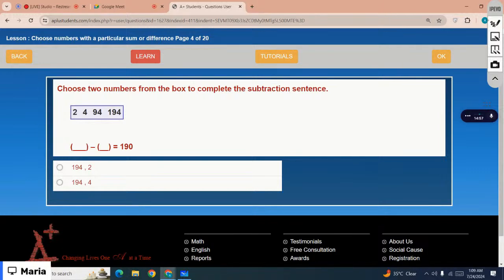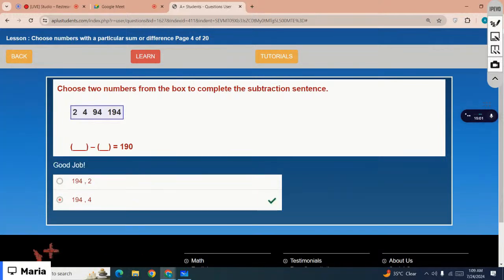Yes, that's option number two. 194 and 4 have a difference of 190. Very good.